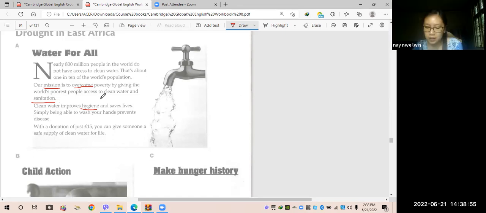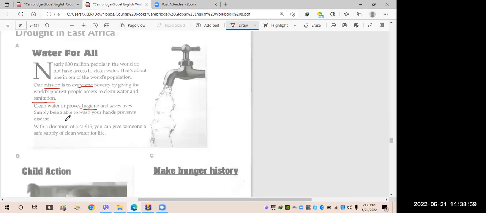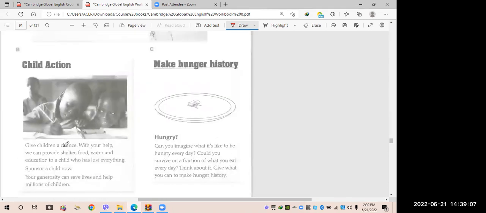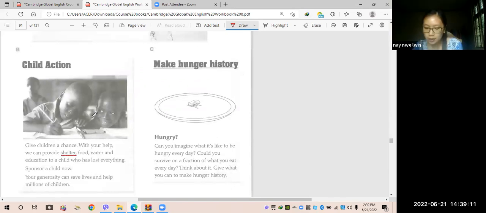How about a gift of money to help a person or organization? Donation, yes. So how about a place to live? Shelter, yes. So how about agree to give money to help someone who lives in another country?